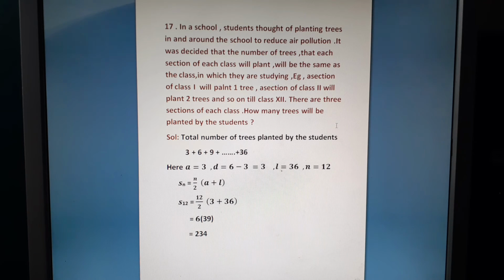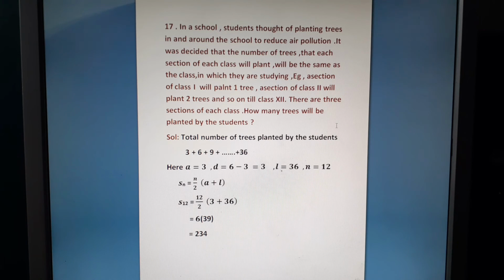That is 3 plus 6 plus 9 plus etc. plus 36. Here first term a is equal to 3, common difference d is second term minus first term, that is 6 minus 3 is 3.